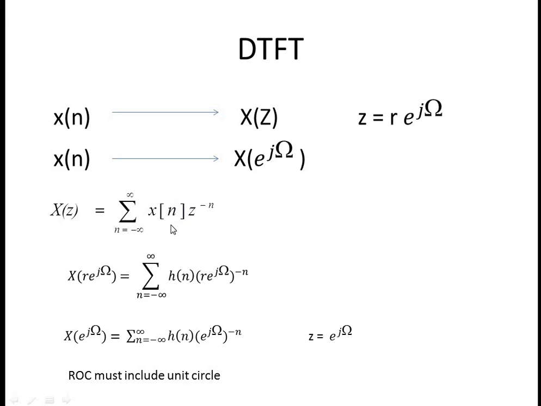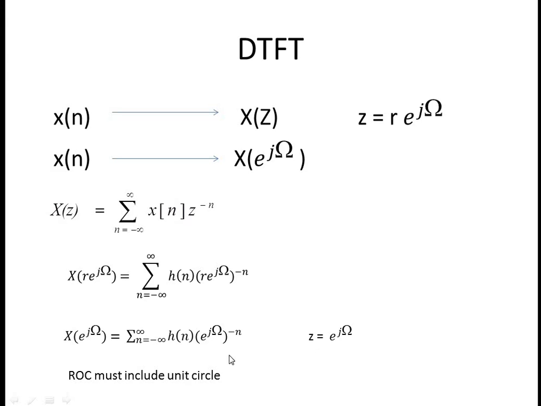So we are taking x of n as h of n here, and now we are taking the value of r as 1. So x of e power j omega will be equal to the summation, n varies from minus infinity to infinity, h of n e power j omega the whole power of minus n.